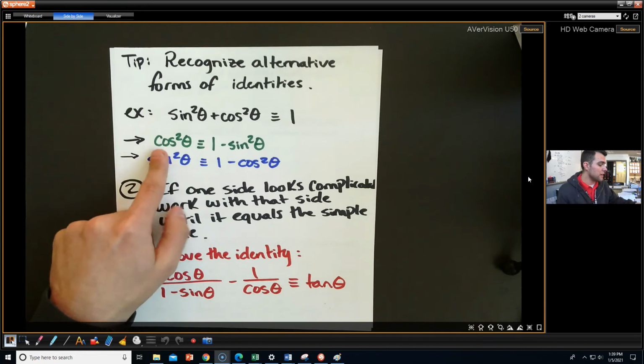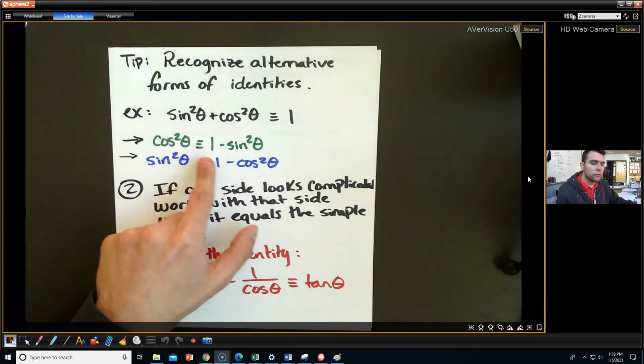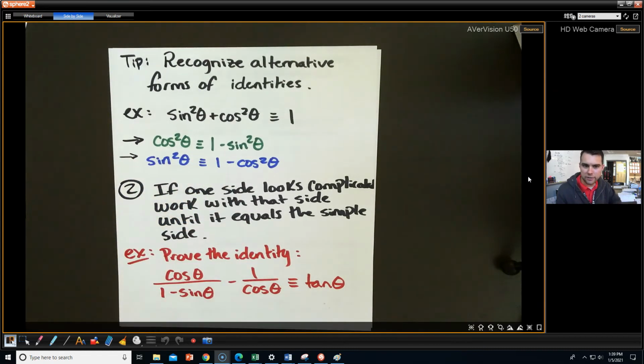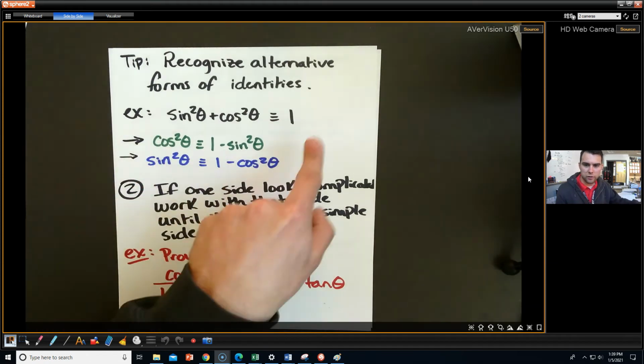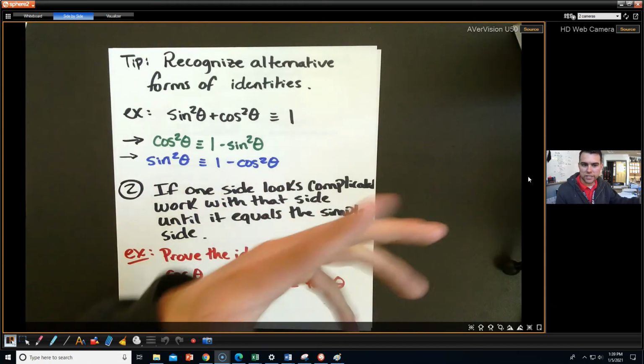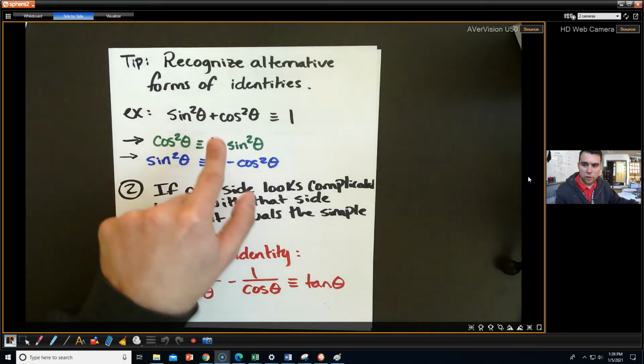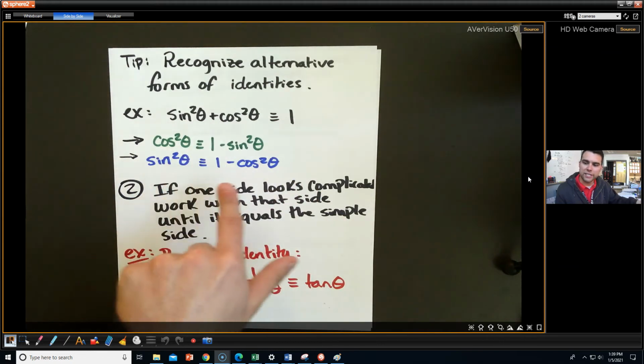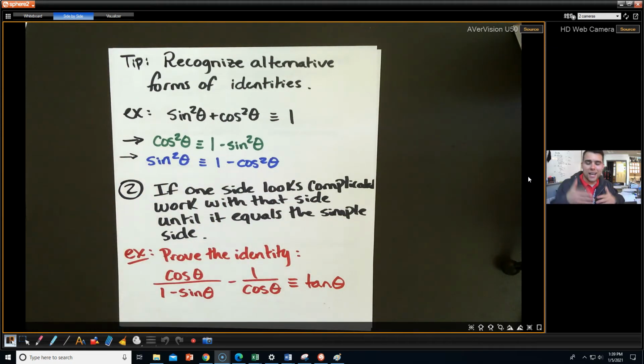Cosine squared theta is actually equal to 1 minus sine squared theta when I move the sine over here. Likewise, I could do the same thing with cosine. I can move cosine over here, and now I have this new identity. It's the same identity, just rearranged a bit. Recognizing that is going to take practice and time, but it can really be the difference in proving an identity or not. Let's keep that in mind.